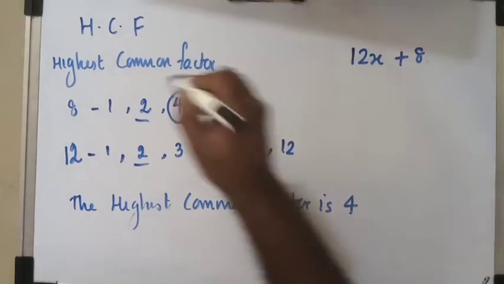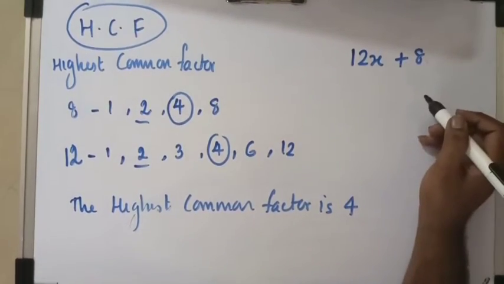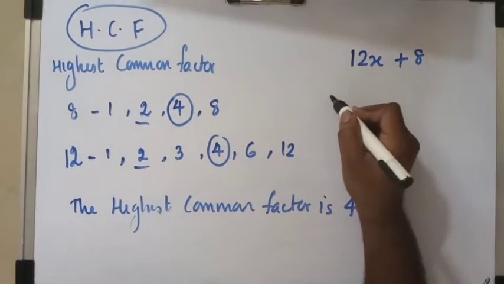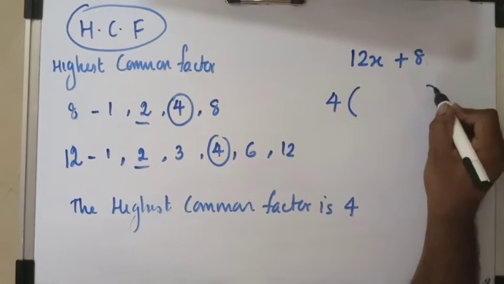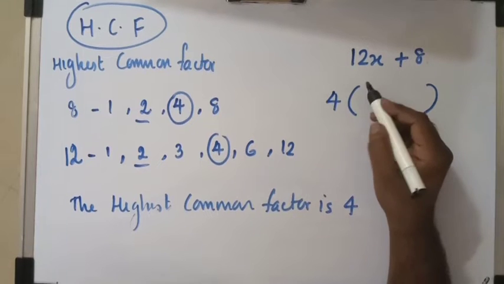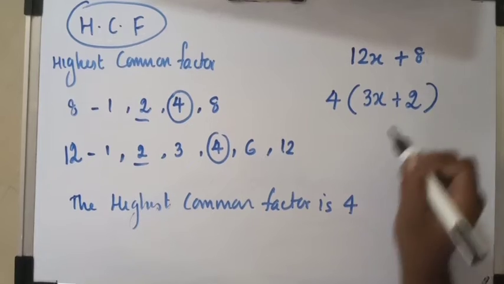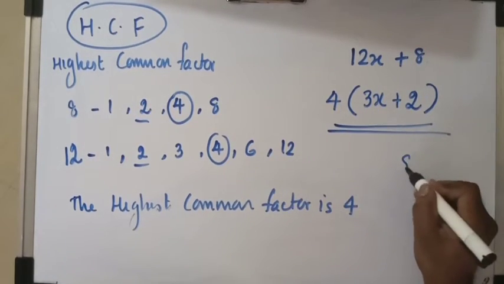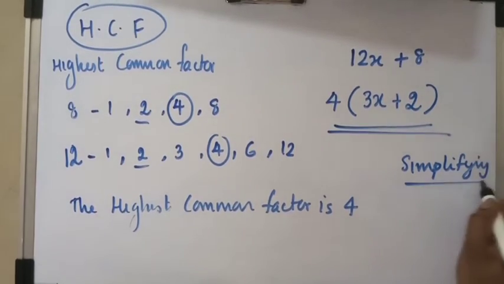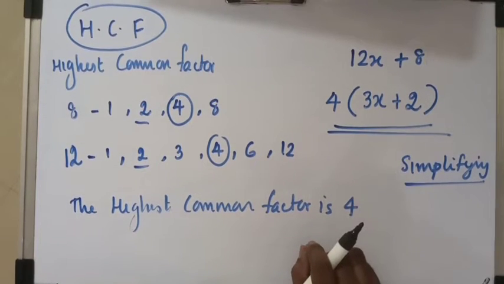So here this concept of highest common factor will be useful to you. Now 12 and 8, which is the highest common factor? The highest common factor is 4. So I'll remove 4 outside. 4 times what is 12? 4 threes are 12. 4 times what is 8? 4 twos are 8. This helps you in simplifying the algebraic sums, and that is why the highest common factor is very important to learn.